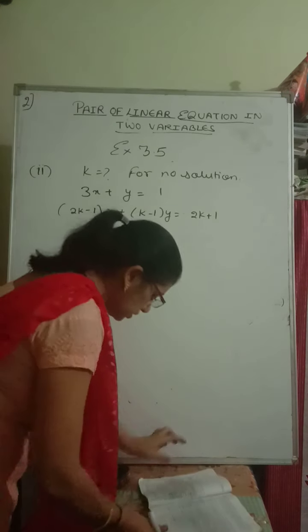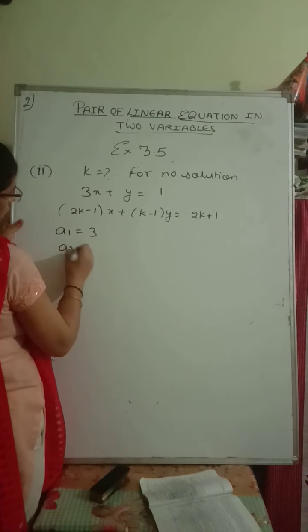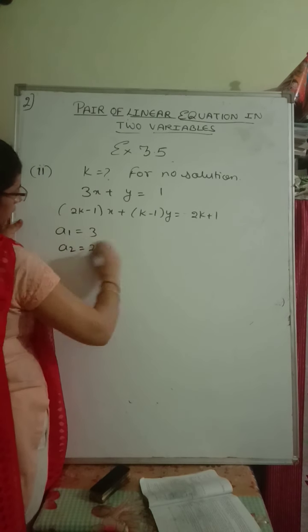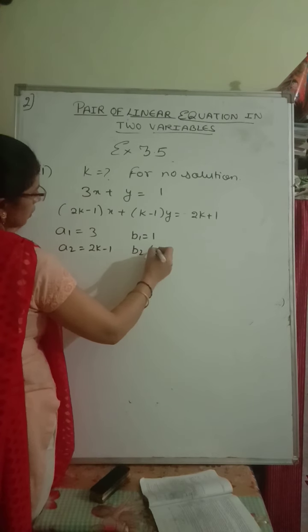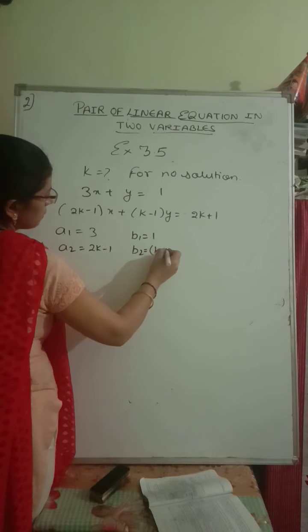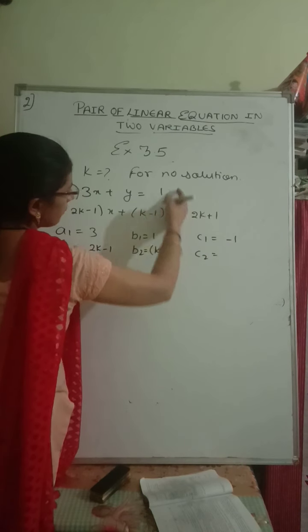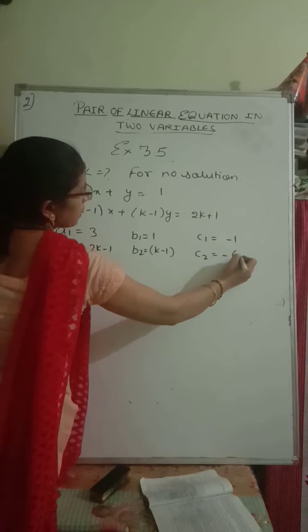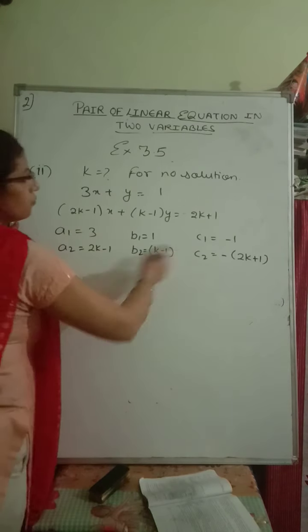What is a1? 3. a2, 2k minus 1. b1, 1. b2 equals to k minus 1. c1, minus 1. c2, we are bringing this side, minus 2k plus 1. Okay. So these are our coefficients.